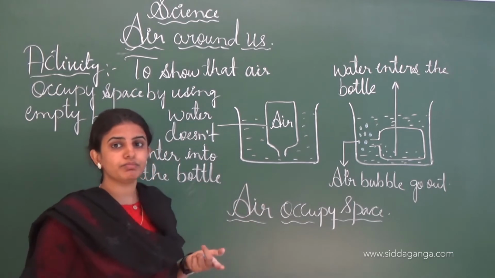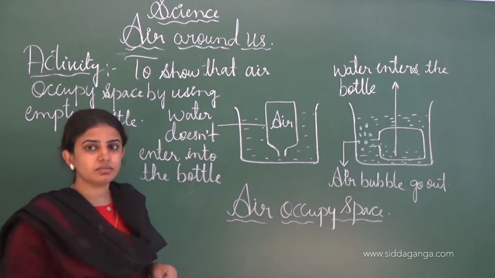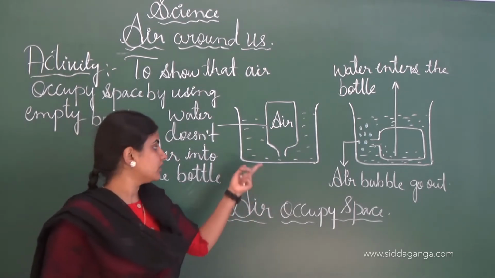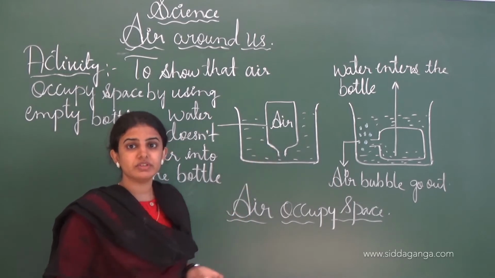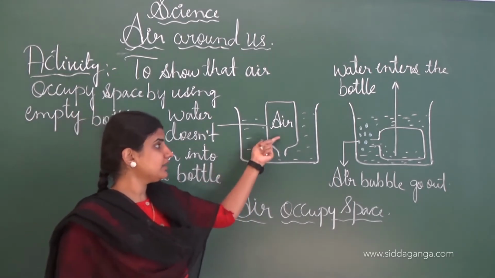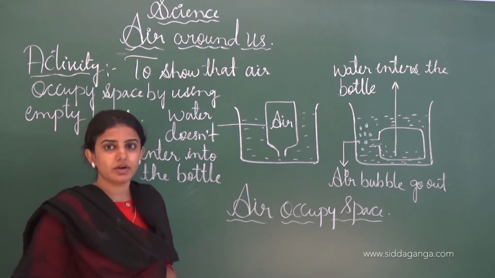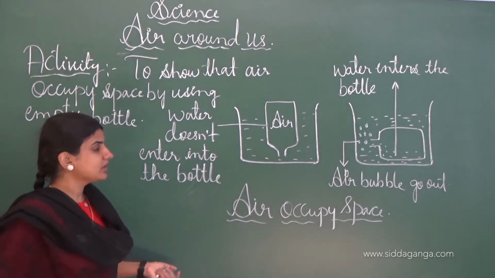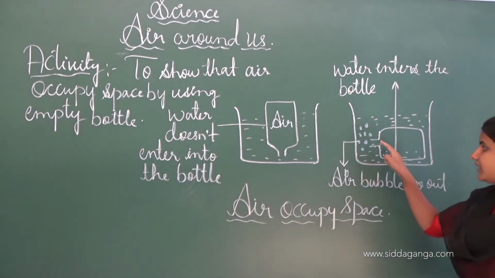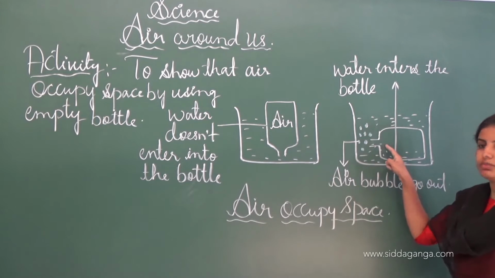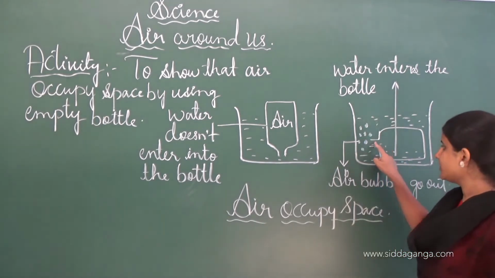If we immerse the bottle, the water will not enter into the bottle, since the air is already present in the bottle, so it will not sink in the water. Afterwards, when we change the position of the bottle, slowly the air escapes from the bottle and thereby the water enters through the mouth of the bottle.